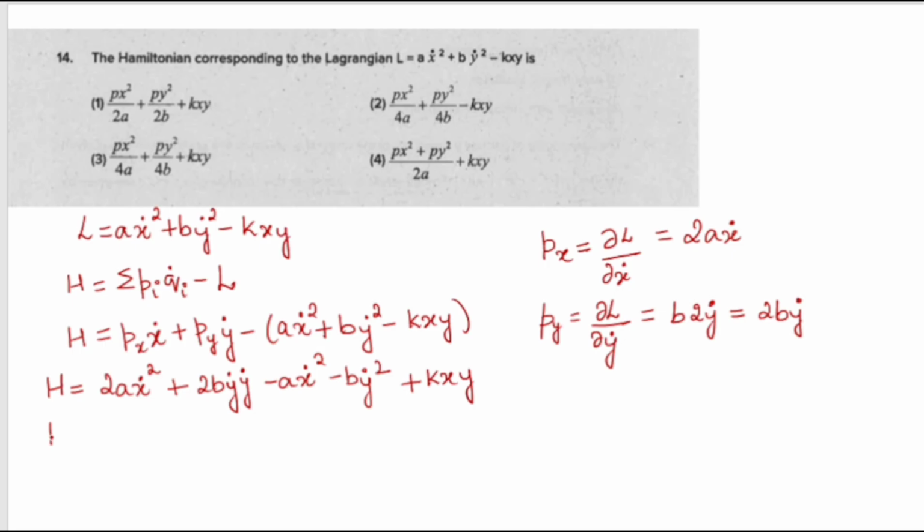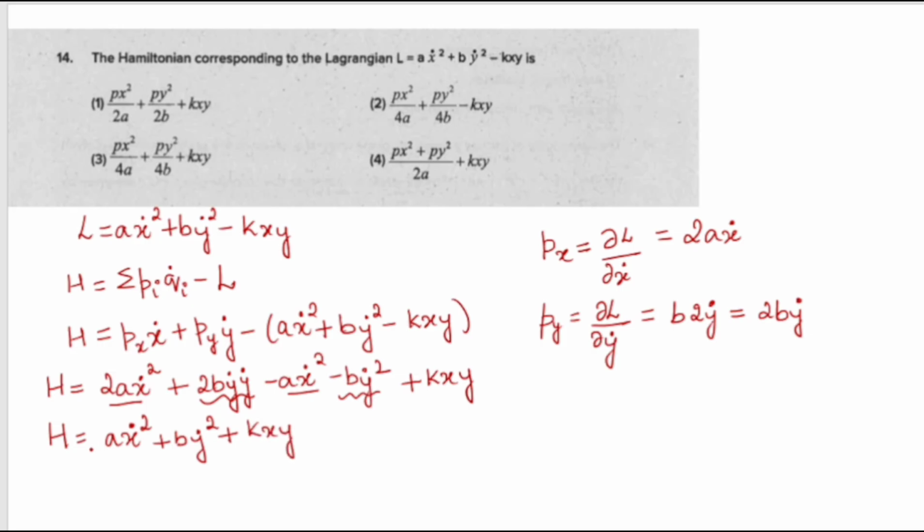So my Hamiltonian is nothing but, we will subtract the like terms. 2 minus 1, it is a x dot square, 2b y dot square minus b y dot square, we will get plus b y dot square plus k times x y.